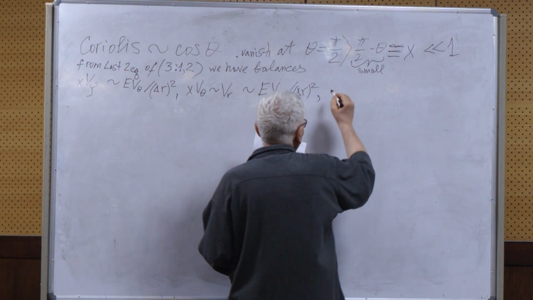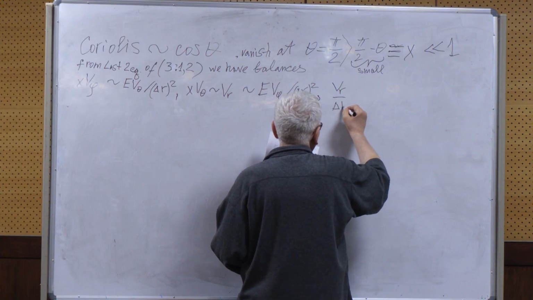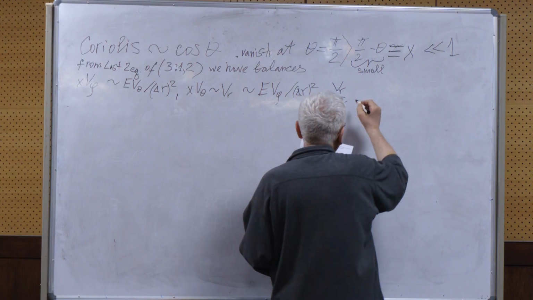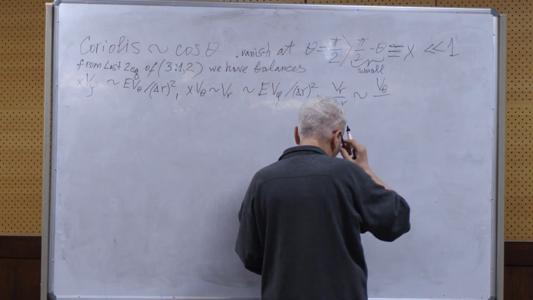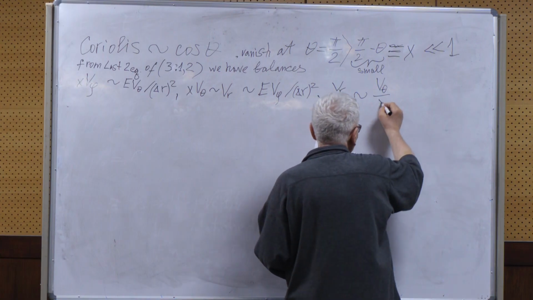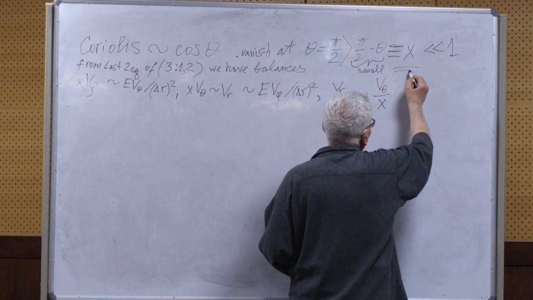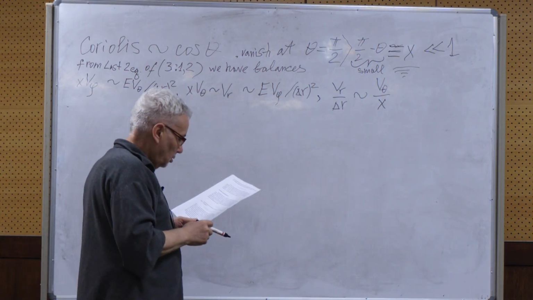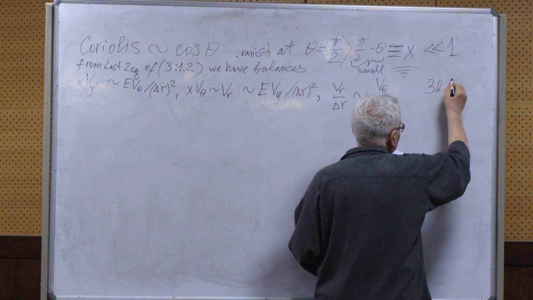Then VR delta R is proportional to V theta over x, where x is this variable. Okay, this is formula 3.6.